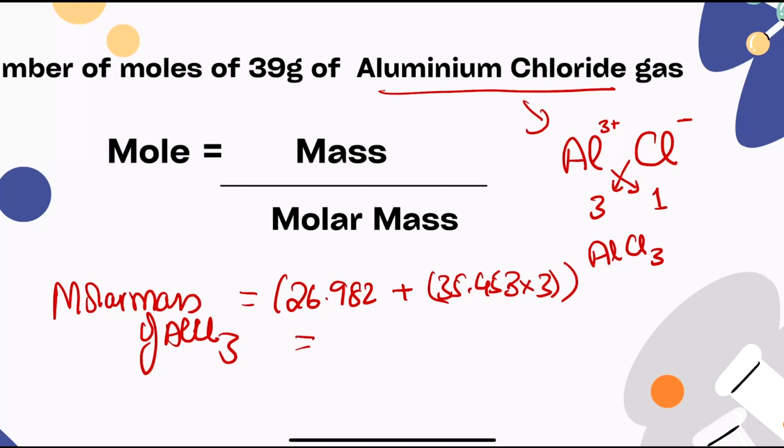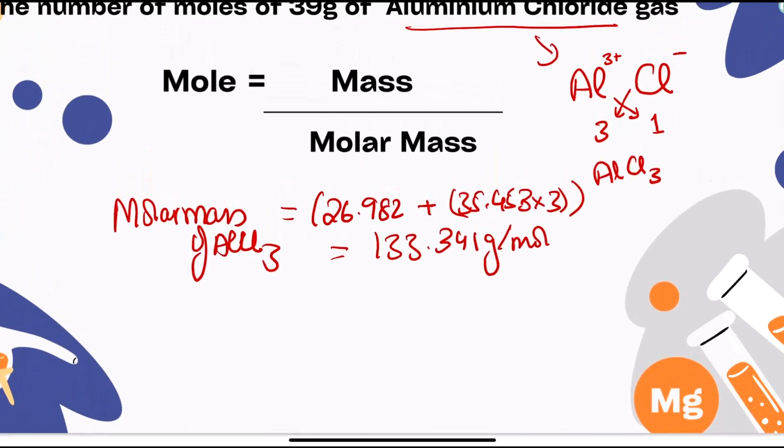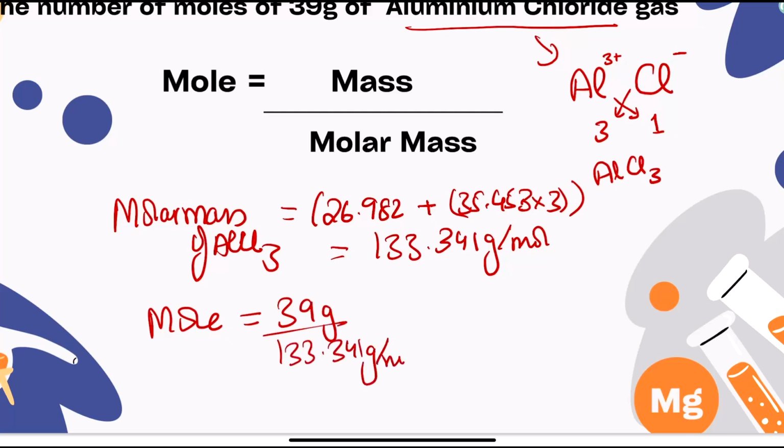So I'm going to account for all of them. If you quickly work this out on your calculator, you would get something around 133.341 grams per mole. Now I'm going to find the mole. So I'm going to say the mole equals 39 grams divided by 133.341 grams per mole.